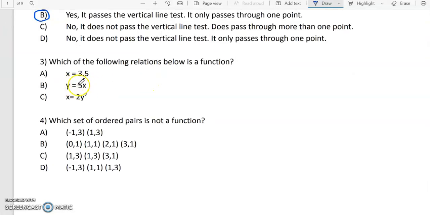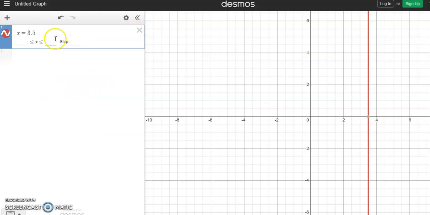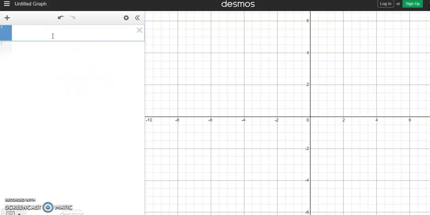If I look at y equals 5x, and I type that into Desmos, okay, I see that y equals 5x is the same thing as y equals 5x plus 0. It has a y-intercept of 0, and then my slope from this point to my next point right here. Let's see if it'll label it.